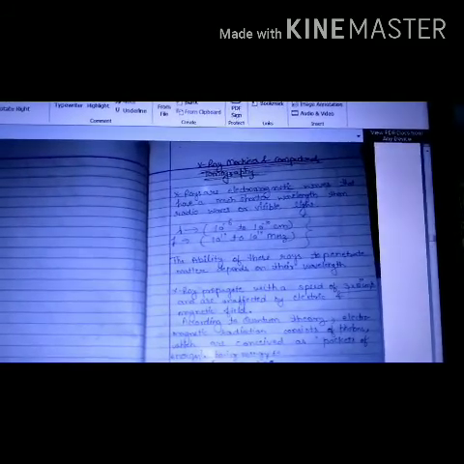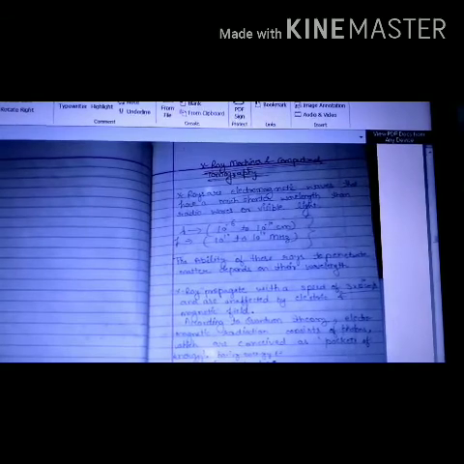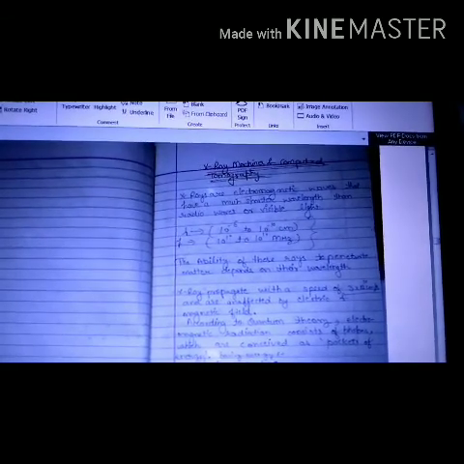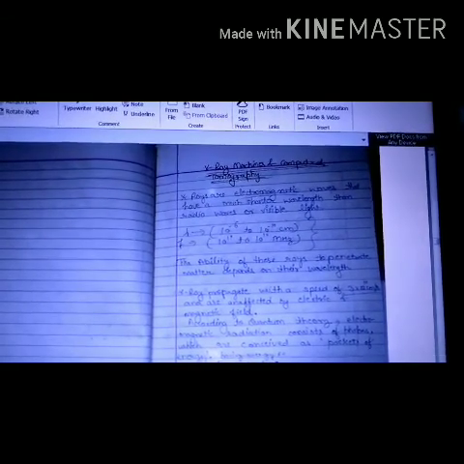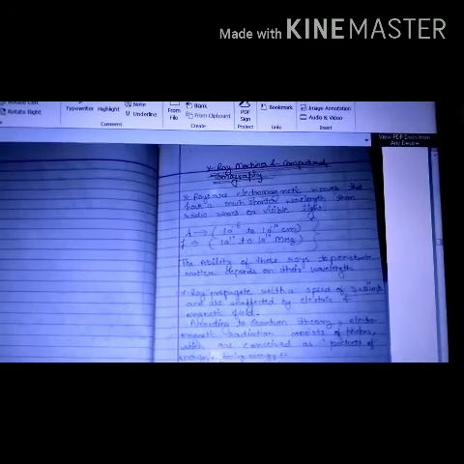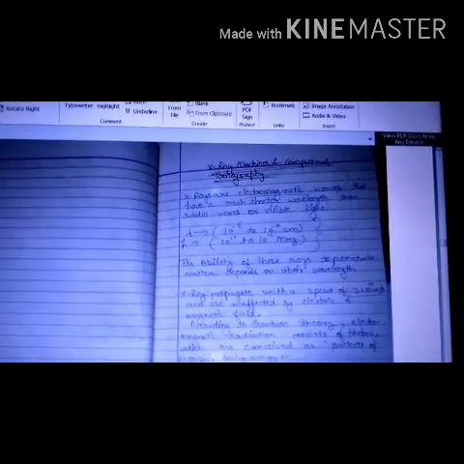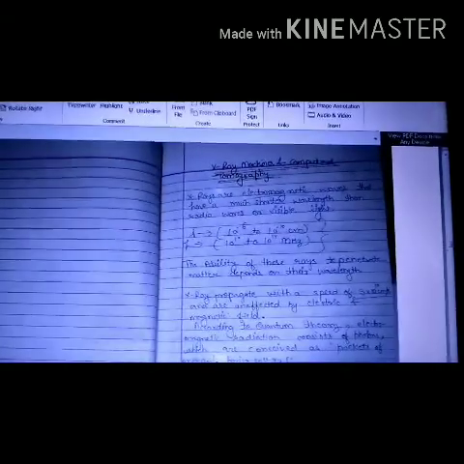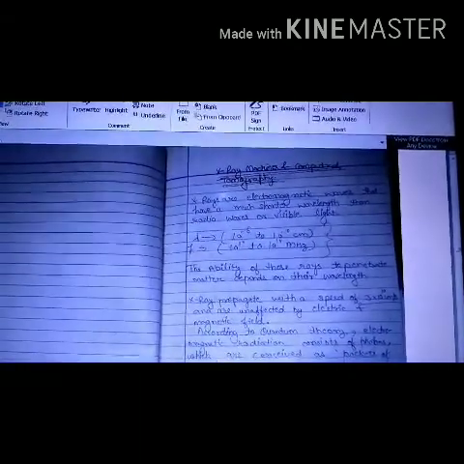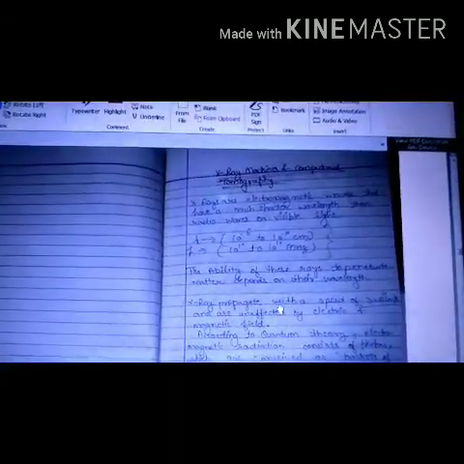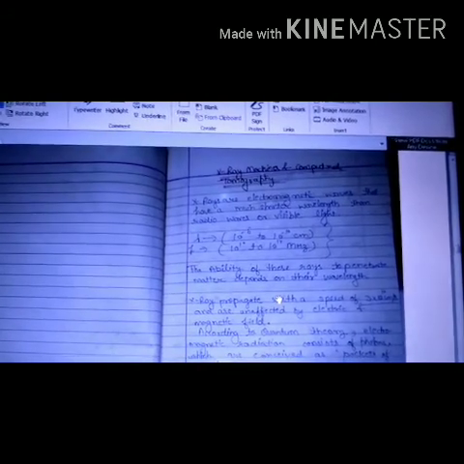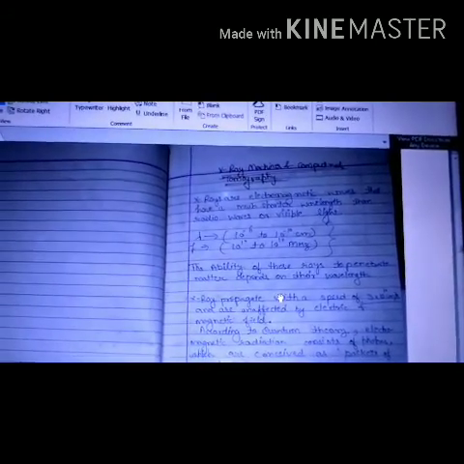They have wavelength lambda in the range of 10 to the power minus 6 to 10 to the power minus 10 centimeters. Please note this is in centimeters, and their frequency is 10 to the power 10 to 10 to the power 14 megahertz.